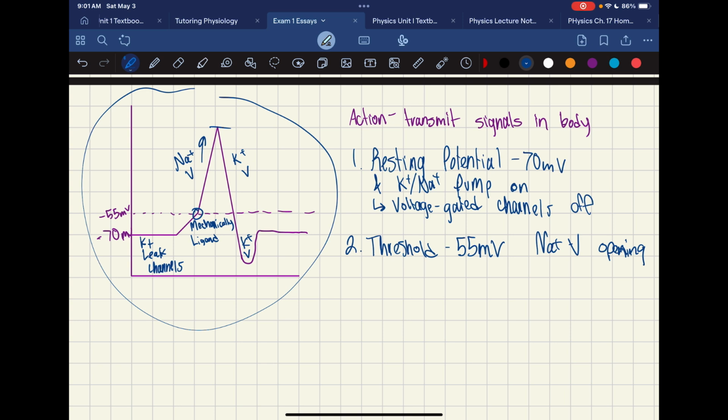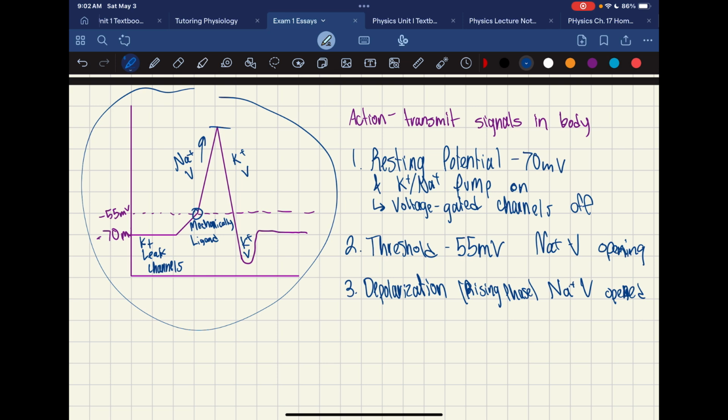And then shortly after that, we have depolarization, which is the rising phase, which is what we just talked about. The sodium voltage-gated channels opened, causing sodium to rush into the cell.